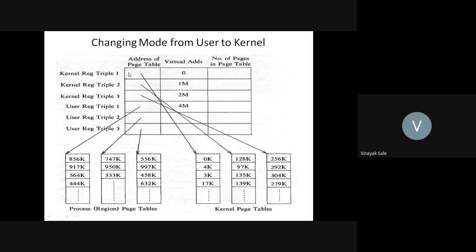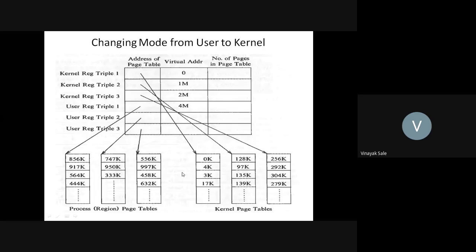Whenever the process enters from user mode to kernel mode, the operating system asks for the reference address space.